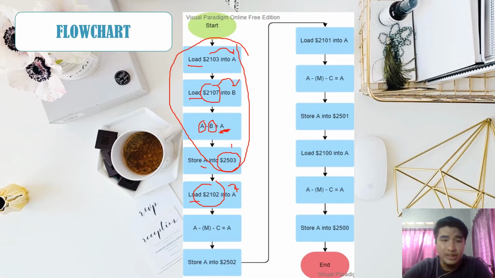For the second operation we need to use SBCA because the carry value of the previous operation will be carried forward to the current operation.